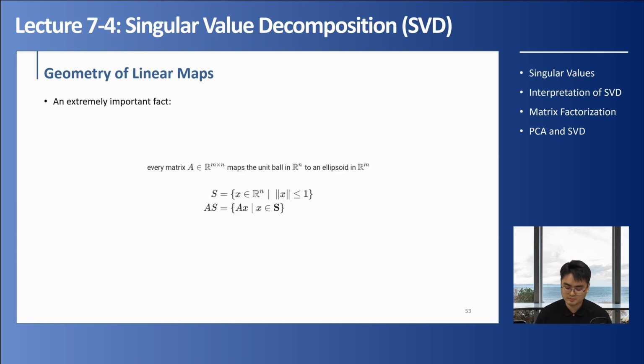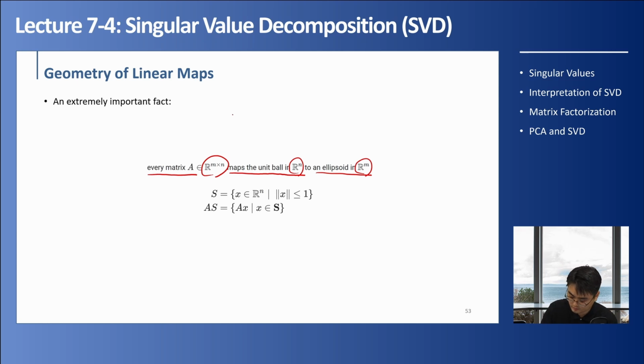And an extremely important fact here is that every matrix A, which has the size of m by n, maps a unit ball in Rn to an ellipsoid in Rm, as we saw before.